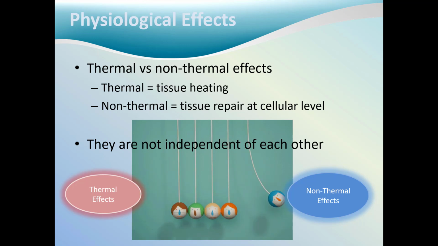Regardless of whether or not thermal effects are produced with ultrasound, non-thermal changes do occur. The non-thermal effects of therapeutic ultrasound in treatment of injured tissues may be as important, if not more important, than the thermal effects.